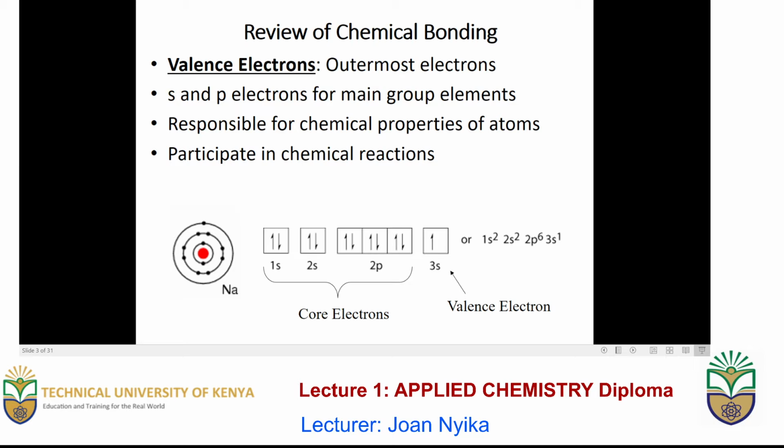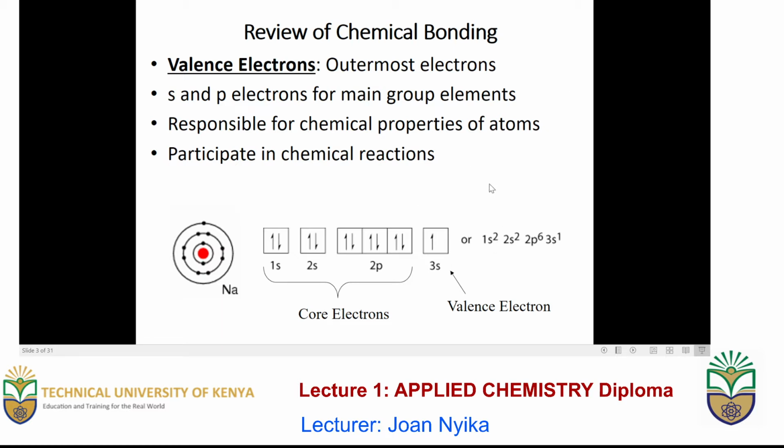The s and p electrons are responsible for the chemical properties of various atoms and the results of any chemical bond, and they participate in chemical reactions. They can be transferred or they can be shared, as we will see in subsequent classes.